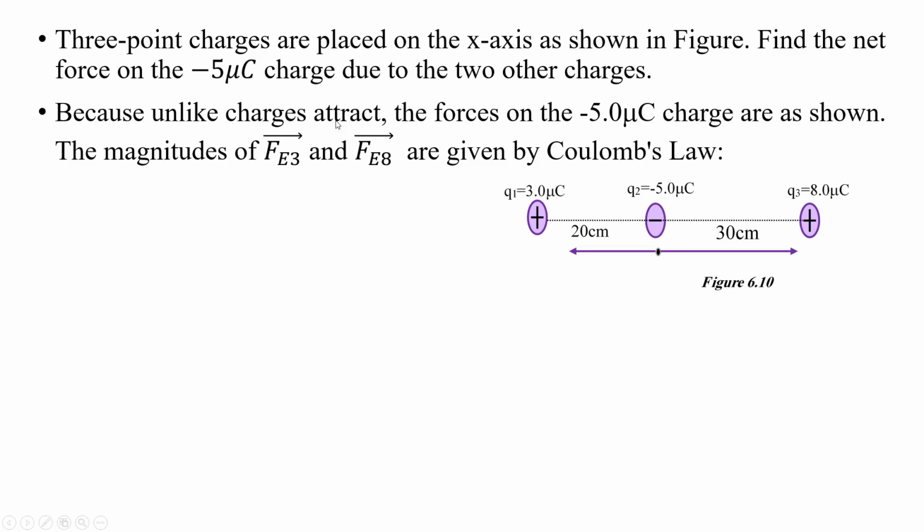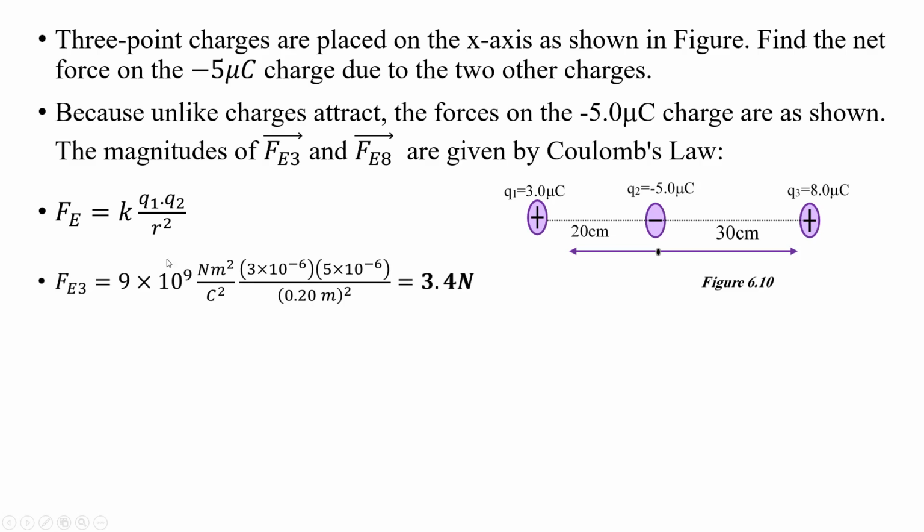Now because unlike charges attract, the forces on the -5 microcoulomb charge are as shown. The magnitudes of the forces from charge 3 and charge 1 are given by Coulomb's law. We know that the force is equal to K Q1 Q2, the product of charges, divided by the square of the distance. Putting in the values, we will get the electric force. The electric force from charge 3 would be 3.4 Newton.